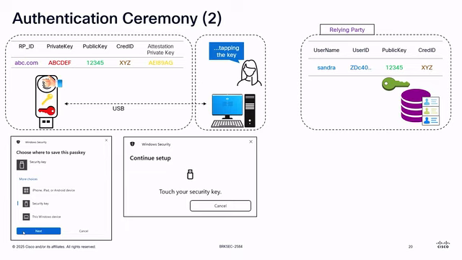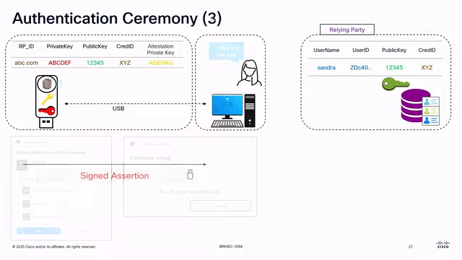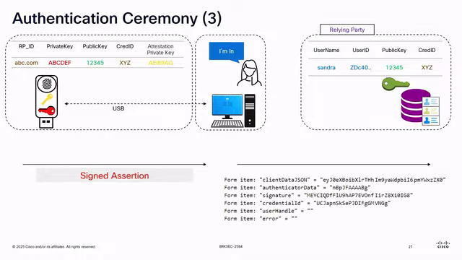She taps, she holds her finger above this biometric fingerprint reader element, and an assertion signed with a private key gets sent back to the relying party. The relying party validates that signature with the public key it stored during registration, and that finishes the authentication and registration ceremony of a passkey.